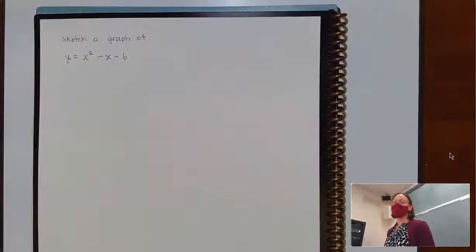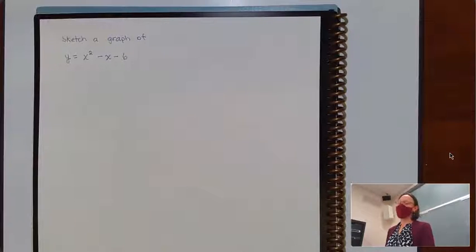One is to complete the square to force it to be in that vertex form. That would be option 1. I'm not going with option 1 though. Personally, I'm going with option 2. Option 2 is that I check to see if it factors.